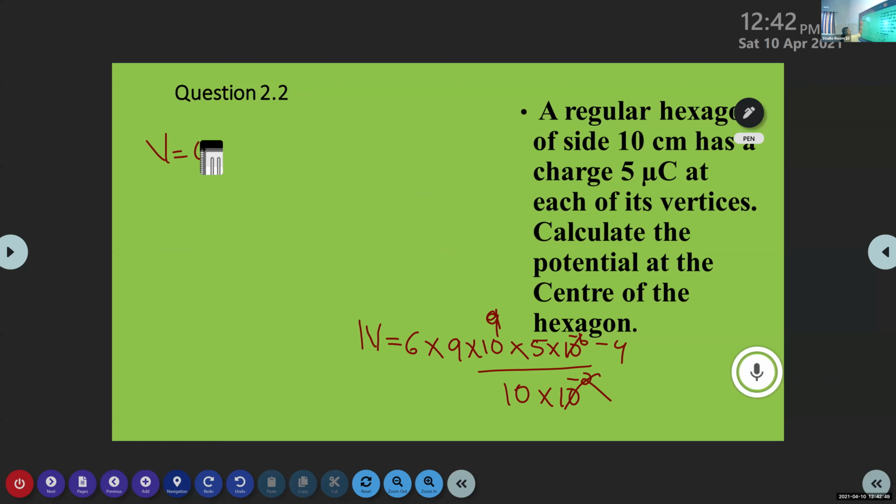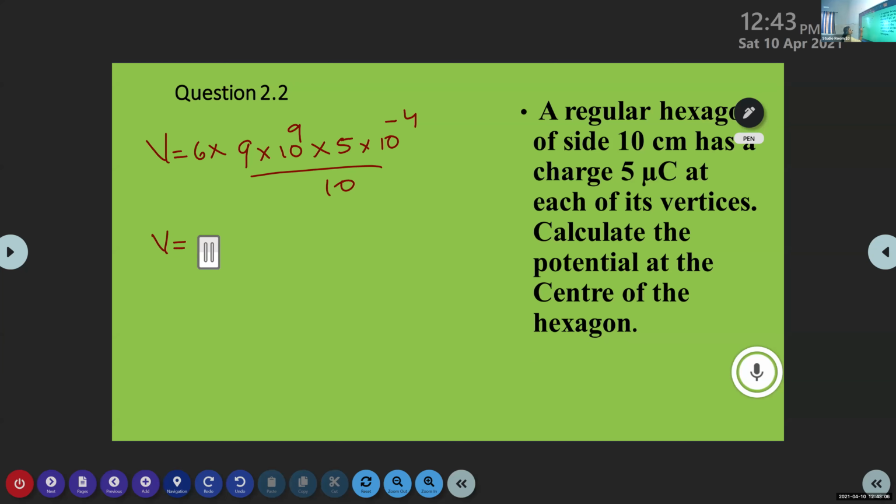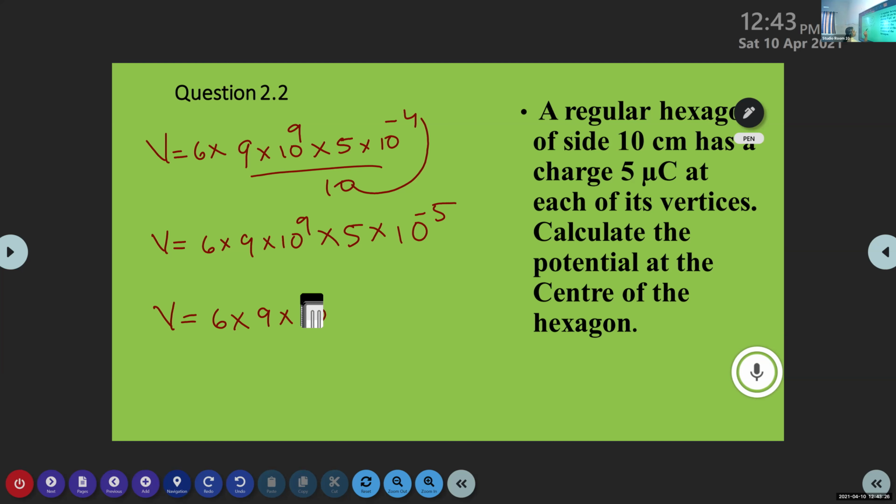So V is equal to 6 into 9 into 10 raised to 9 into 5 into 10 raised to negative 6 divided by 10 into 10 raised to negative 2, or V is equal to 6 into 9 into 5 into, taking this 10 upward, 10 raised to negative 5, or V is equal to 6 into 9 into 10 raised to 9 minus 5, 10 raised to plus 4, into 5, or V is equal to 30 into 9.